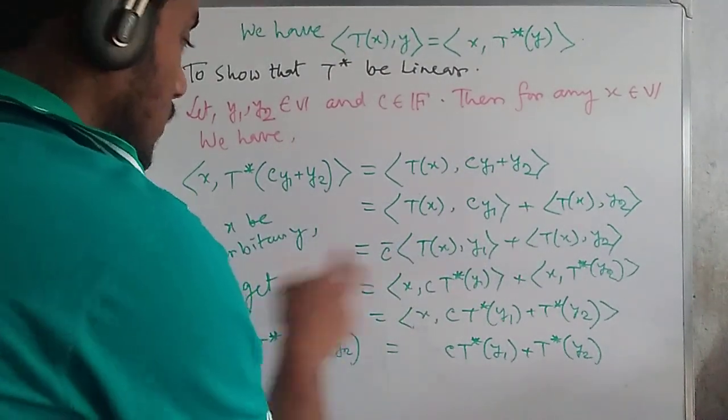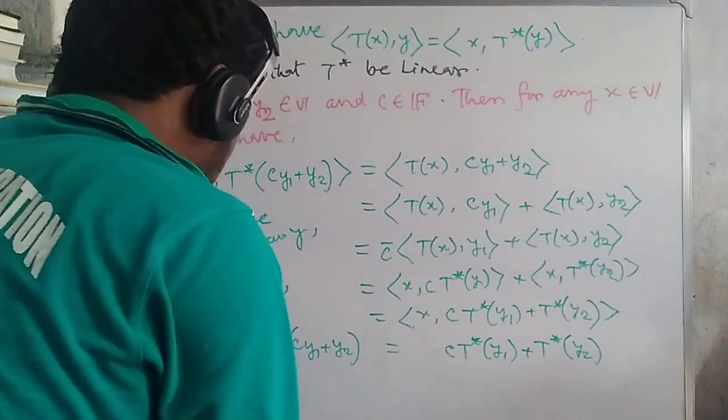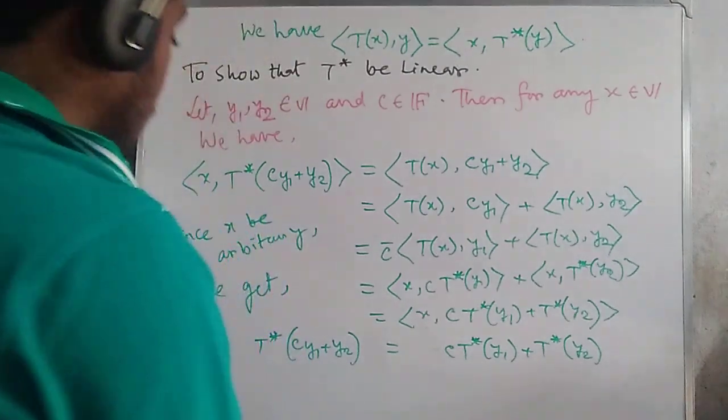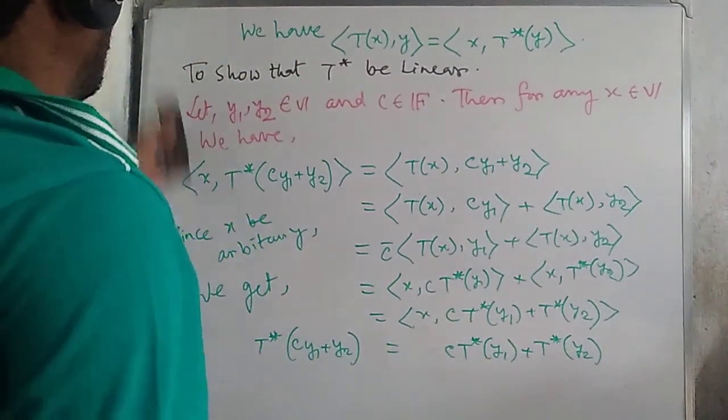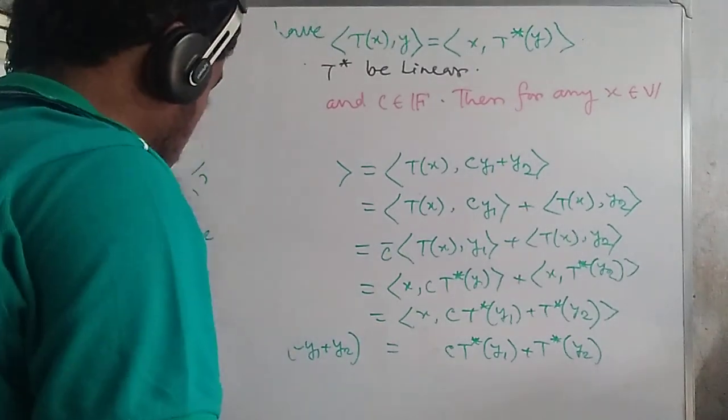Understood? Then this one equals this one. Not a problem at all. So we also see that T* is linear. Now we go to further discussion.